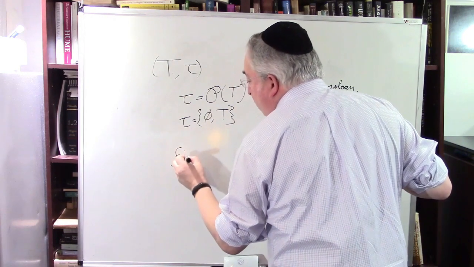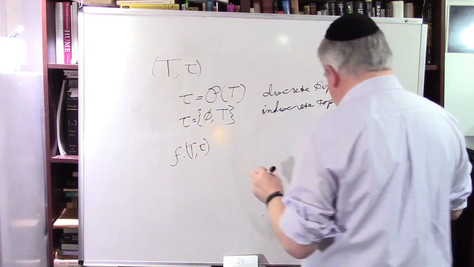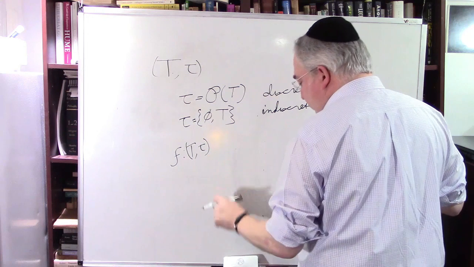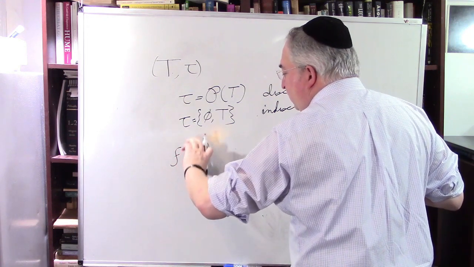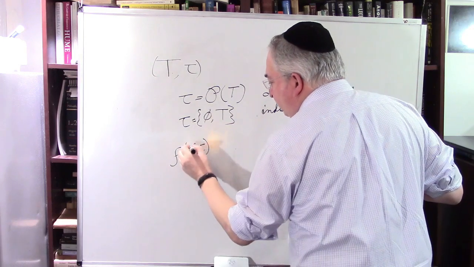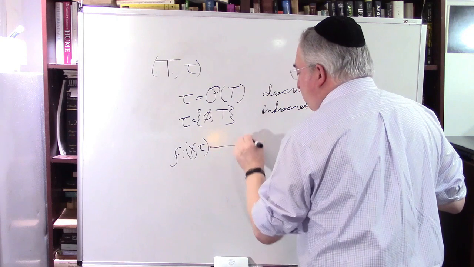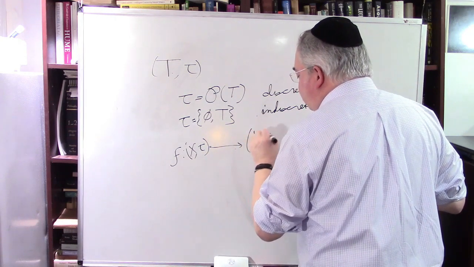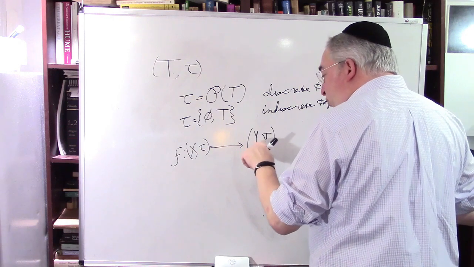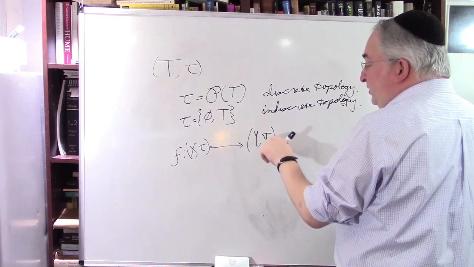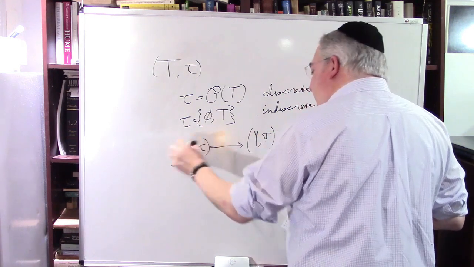Given f, which goes from (X, tau) to (Y, sigma). So let's say what that is. This is a set of points and a set of subsets of points. Well, we have a map like that.